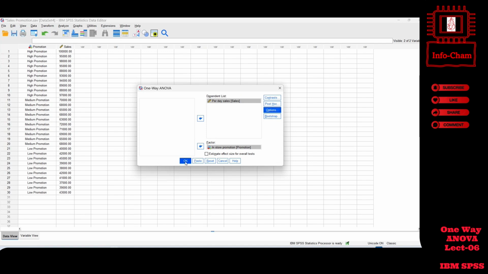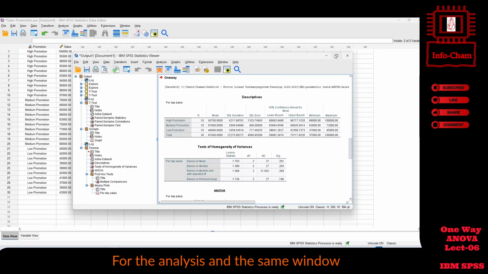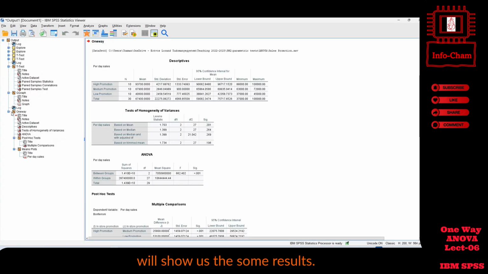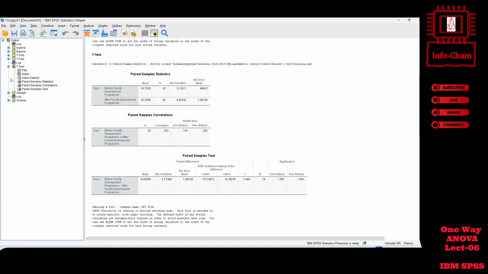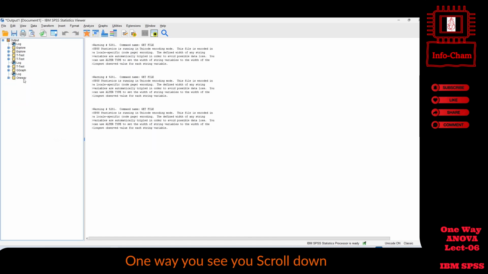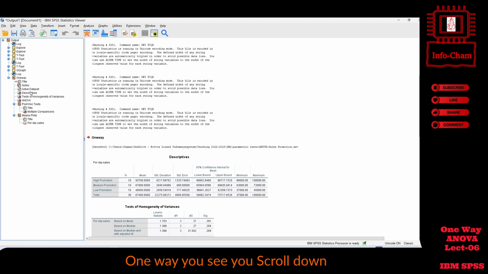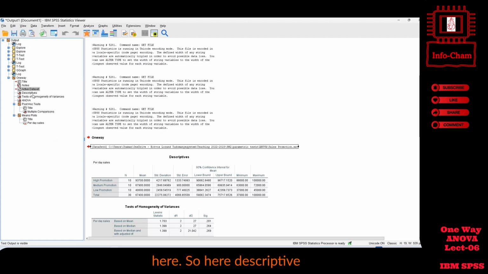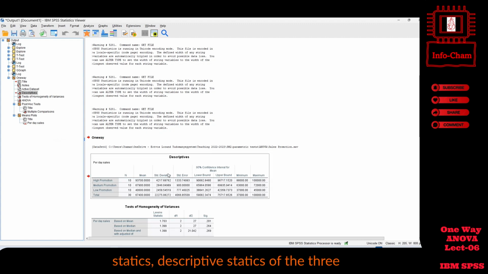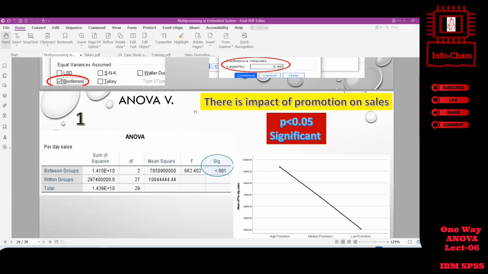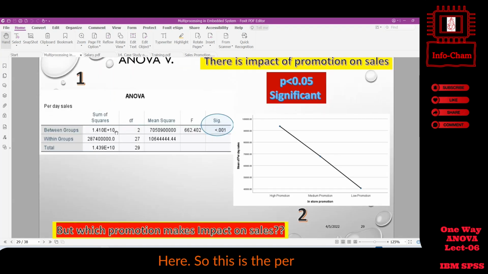Okay, let's see the analysis, and the same window will show us some results. One way, yes, you scroll down here. So here are the descriptive statistics of the three categories, right?